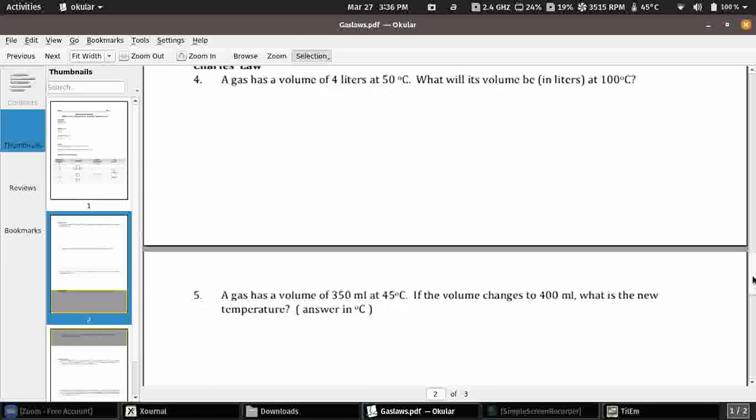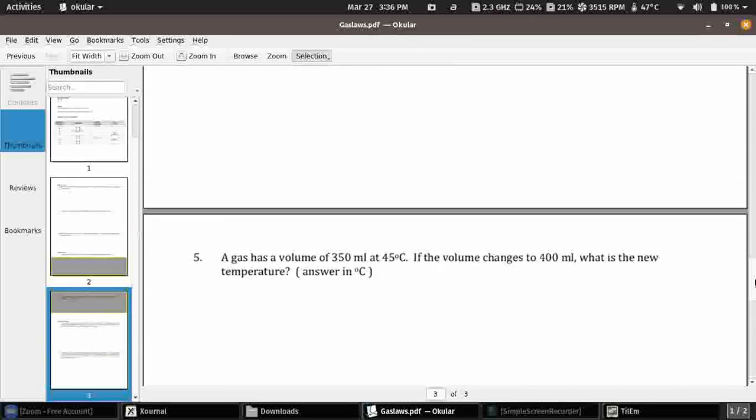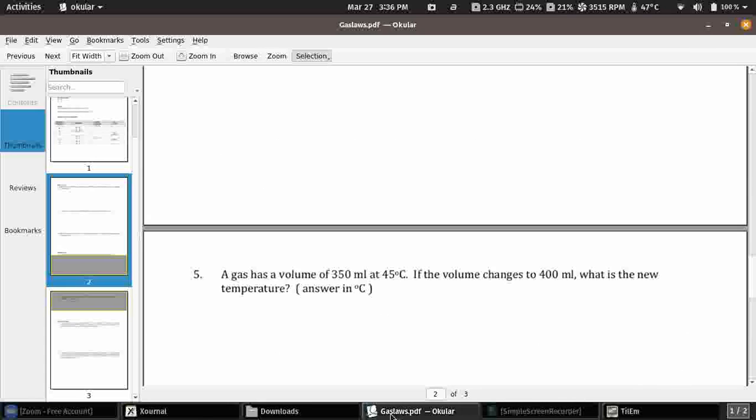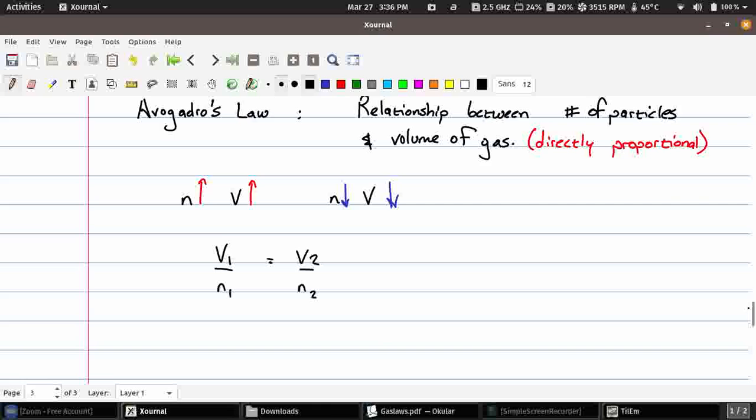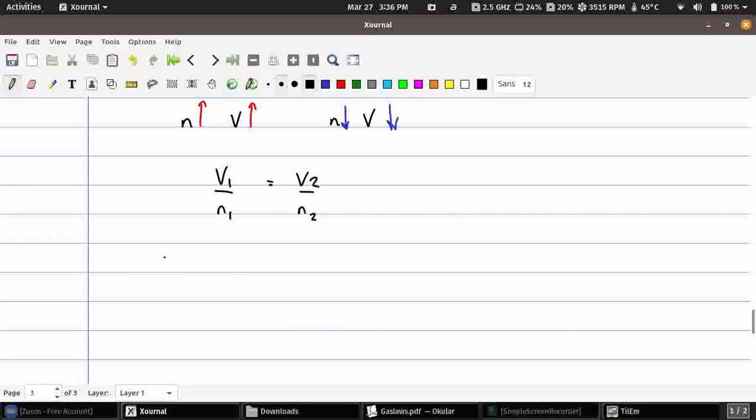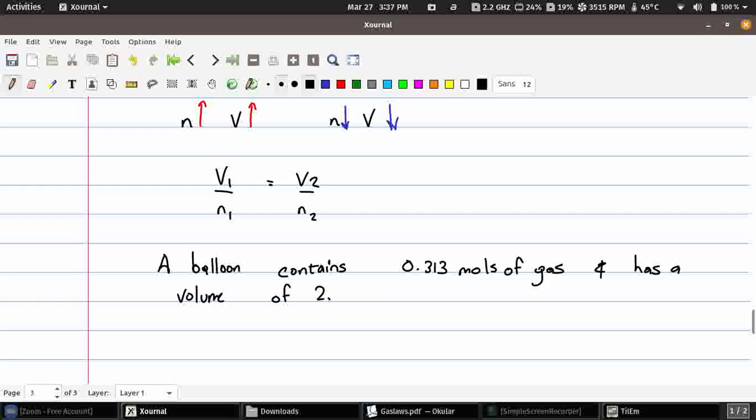So let me pick a problem out of here. Of course, this one doesn't have it. Let me just make one up. Say we have a balloon that contains 0.313 moles of gas and has a volume of 2.46 liters.